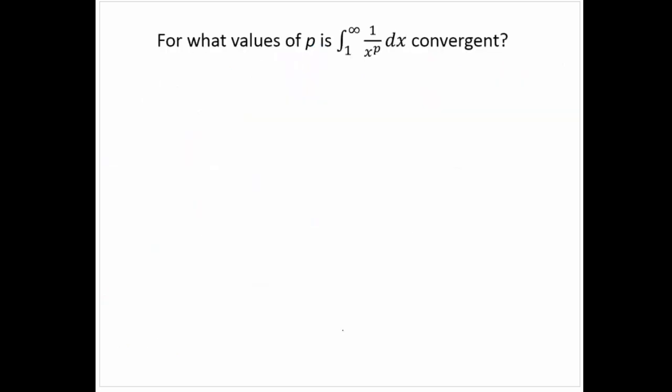For what values of p is the integral from 1 to infinity of 1 over x to the p dx convergent? We've already shown that for p equal to 1, which therefore gives us the integral from 1 to infinity of 1 over x dx, this does not converge.